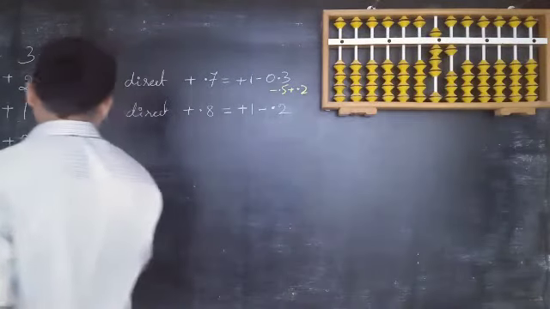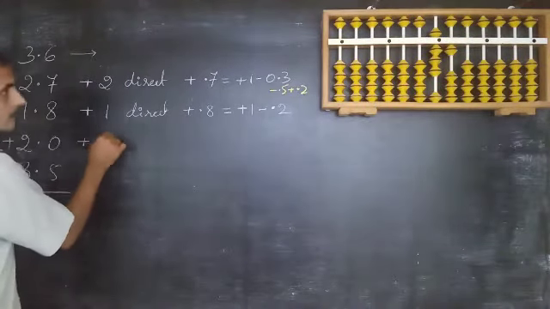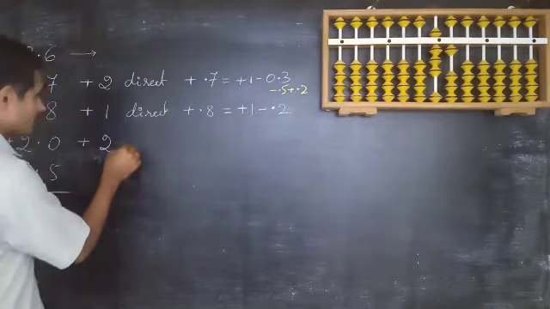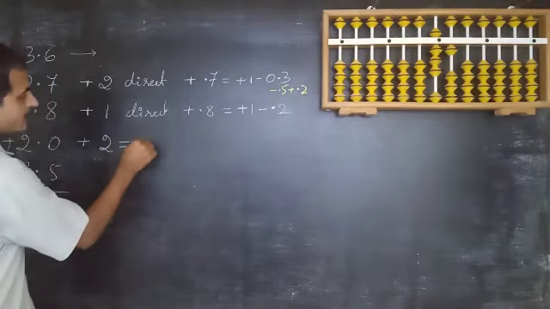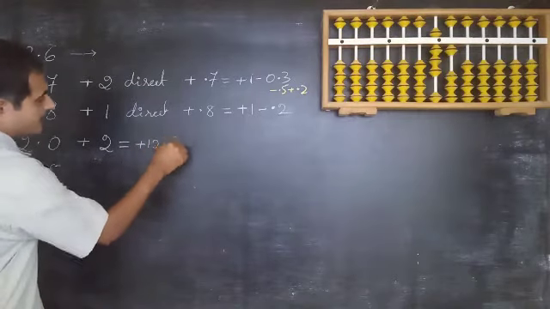Plus 2 direct, plus 2 cannot be done, plus 2 is equals to plus 10 minus 8.